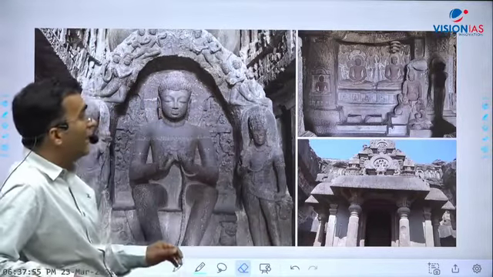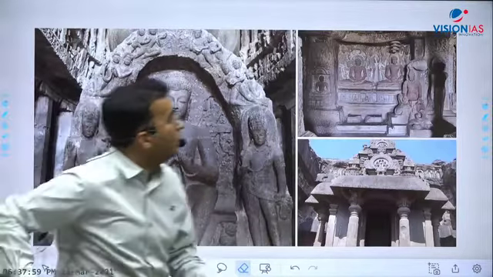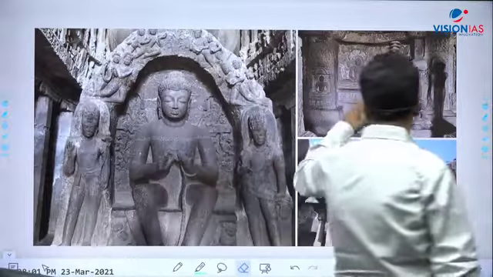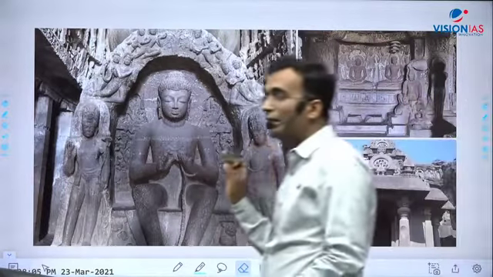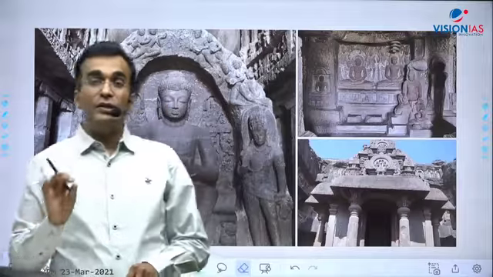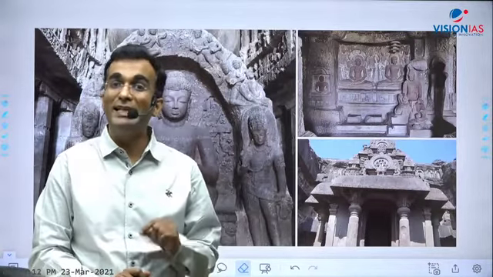So these are the Buddhist structures in Ellora. You can see Buddha's image, and then you can see Mahavira's image. So Buddhism, Jainism, and one more thing you will be writing here, that the Jain caves of Ellora were known as Indra Sabha.